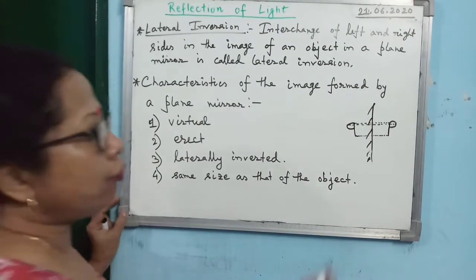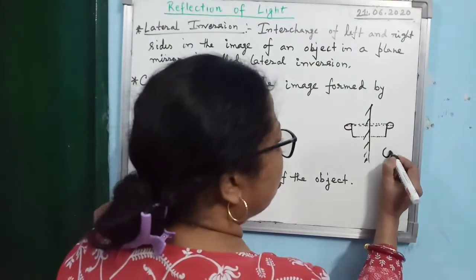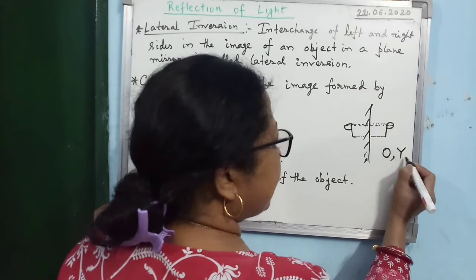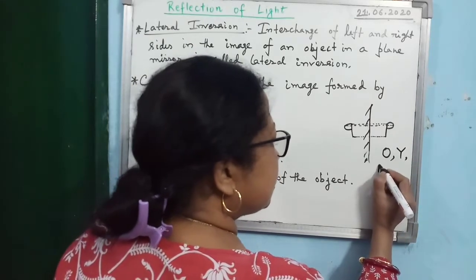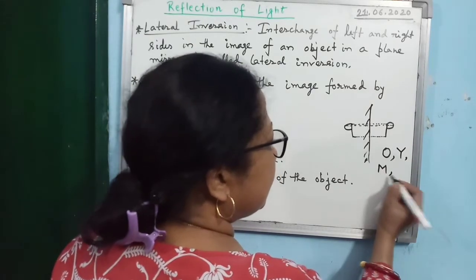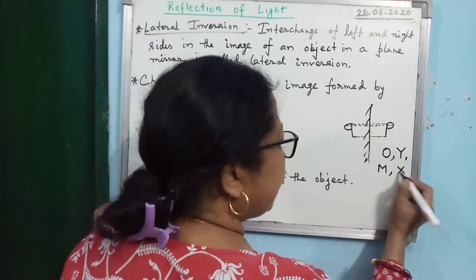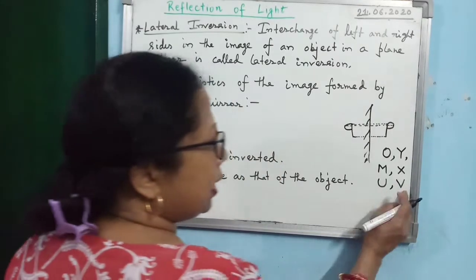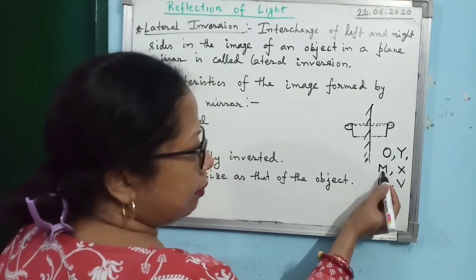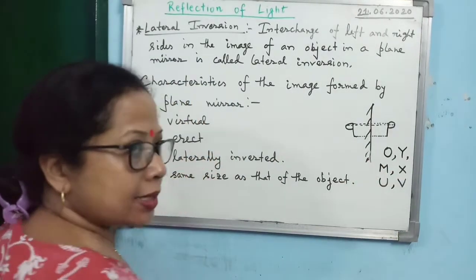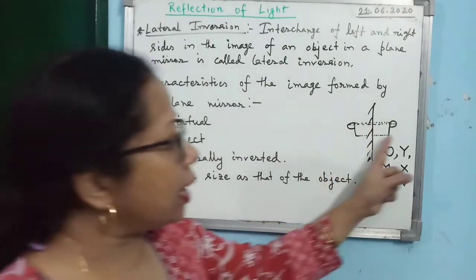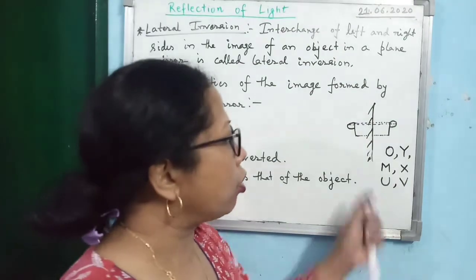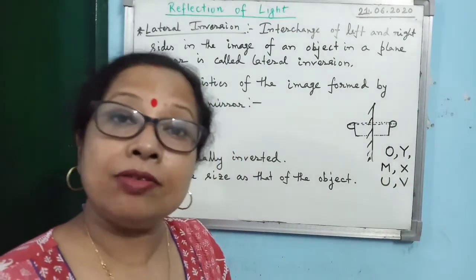But if you consider the letter O, the letter Y, the letter M, the letter X, then U, then V, you see, if you just draw a line in between, then both sides are symmetrical. So these will not visibly suffer lateral inversion.